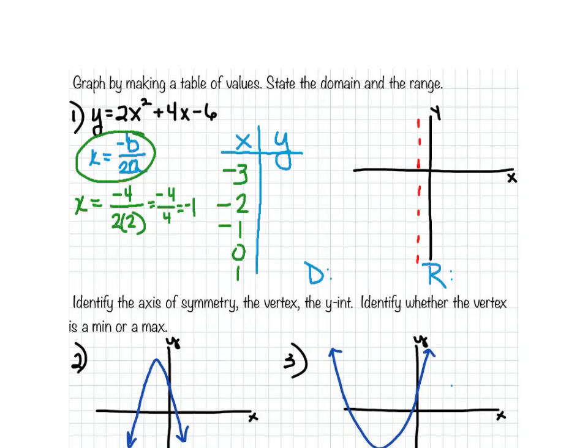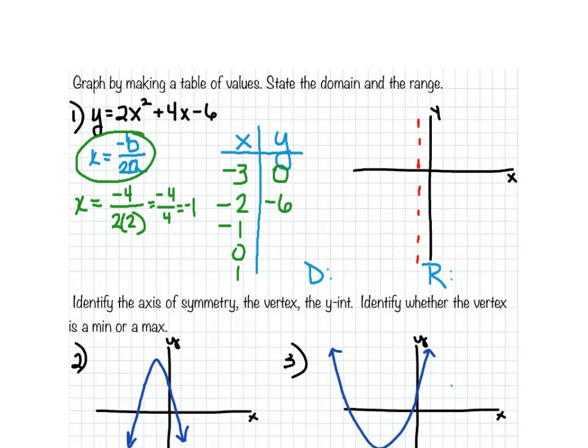Okay, now you have a bunch of arithmetic to do. For each of these x's, you need to plug them into our quadratic and solve for y. So where x is negative 3, y is equal to 0. Where x is negative 2, y is equal to negative 6.